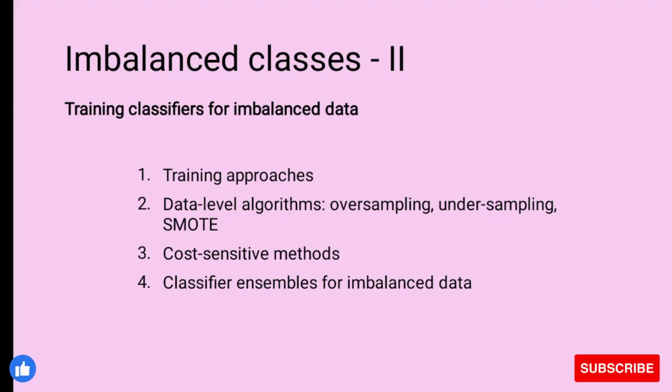We can cover some data level algorithms. We're going to look at things called cost-sensitive methods, and then how we would design an ensemble to deal with imbalanced classes. So fundamentally, we've got this split between what's named algorithm-level approaches or data-level approaches.